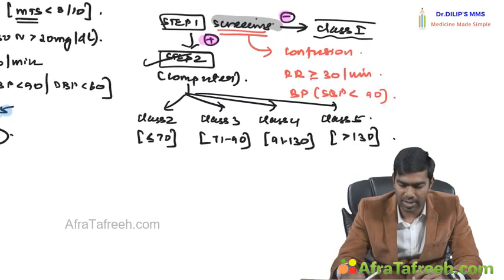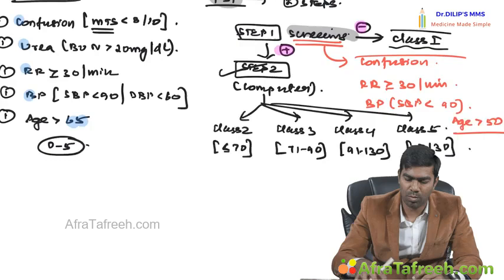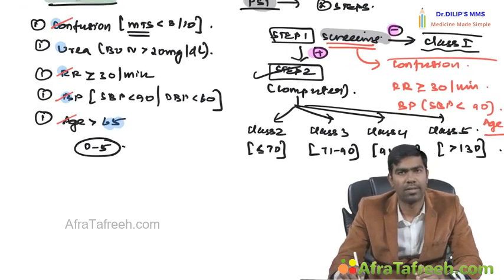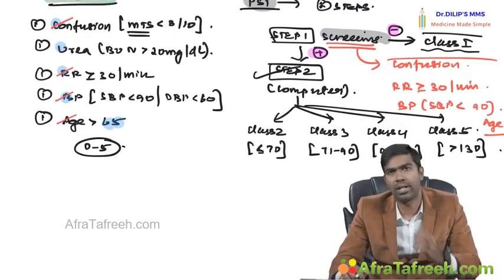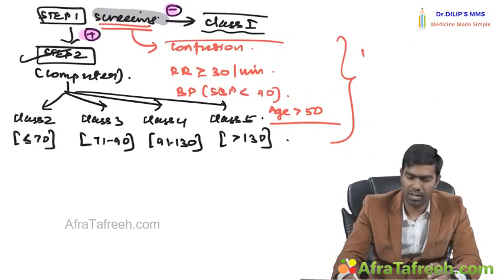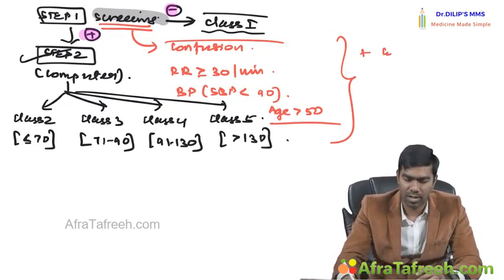It will include age also, but here it's not 65, it is age more than 50. So almost 4 of the 5 components of CURB-65 are included in the pneumonia severity index as a screening protocol. But apart from that, the pneumonia severity index also utilizes some other extra features like comorbidities.